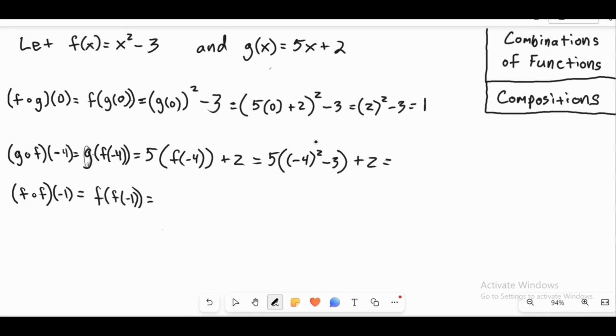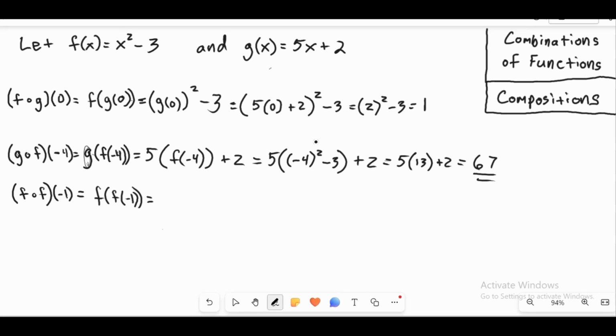Well, this negative 4 squared, that's 16. And 16 minus 3, that's 13. And so what we have here is 5 times 13 plus 2. And then 5 times 13, well, that's 65. 65 plus 2 is 67. And so that's our final answer. So g of f of negative 4 is 67.